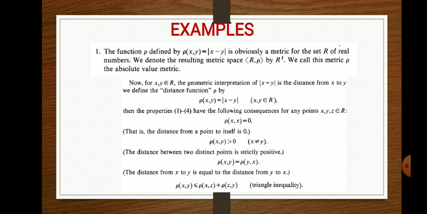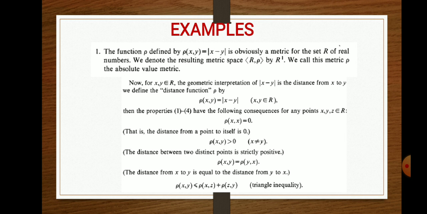If x minus y is negative, by taking the modulus value we get the positive one, for the set of all real numbers. The notation for this metric space is R1 or R comma rho. This metric is called the absolute value metric.